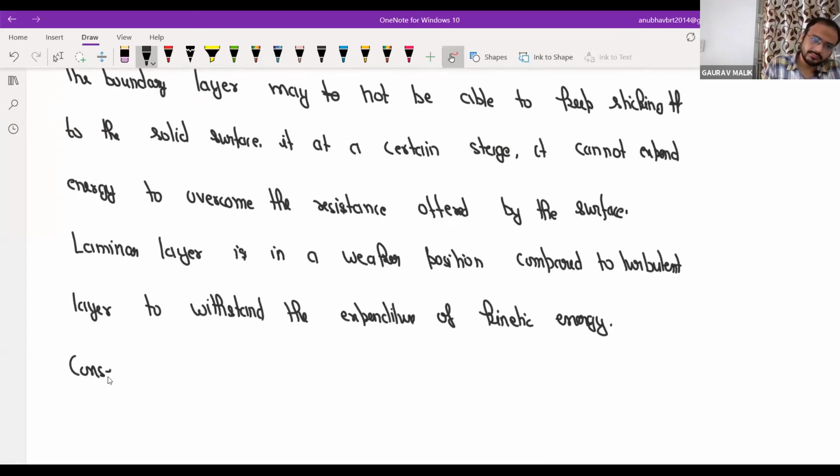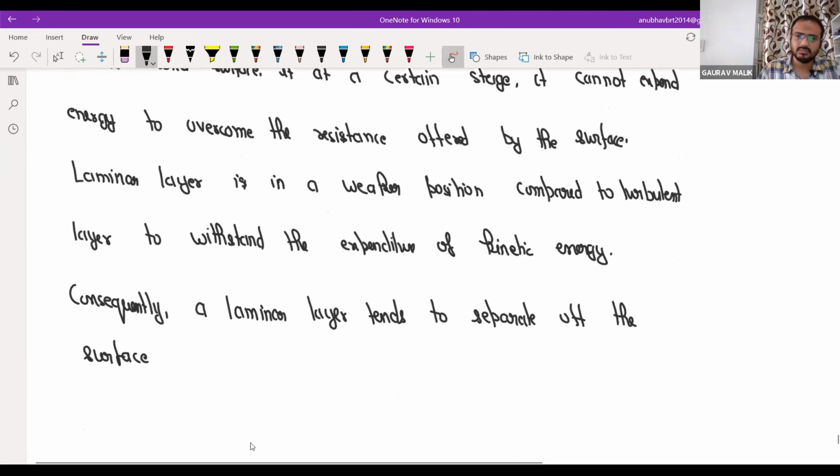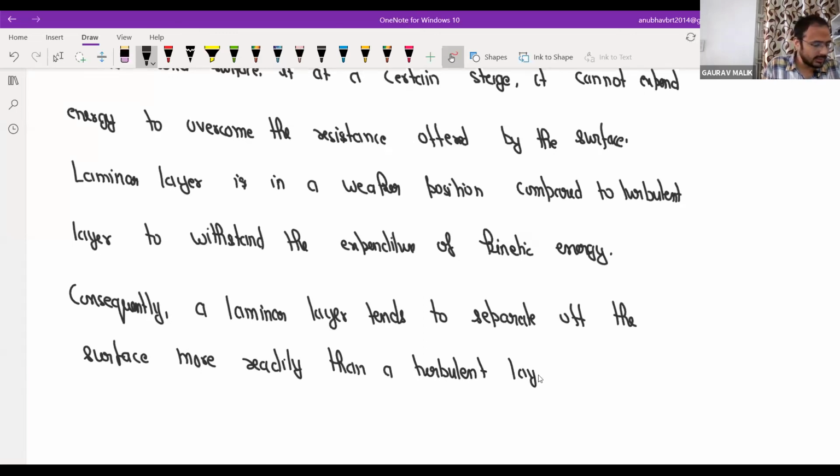Consequently, a laminar layer tends to separate off the surface more readily than a turbulent layer. Such types of questions for explanation they can ask in MSQ.